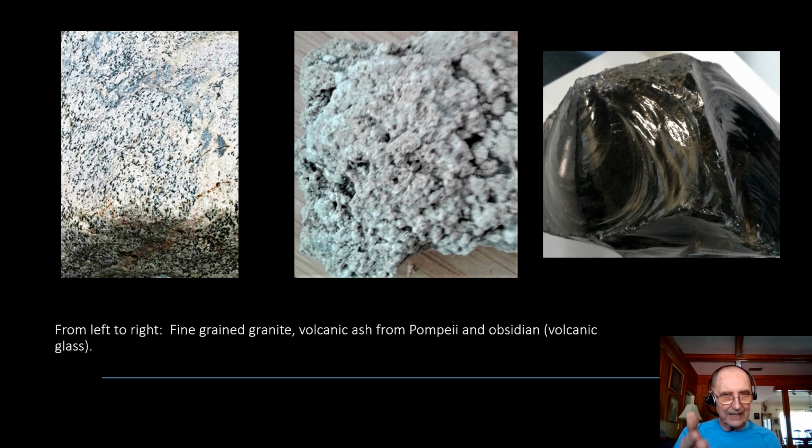That's the culprit. That's what killed so many people in the city of Pompeii. The picture on the right is your classic volcanic glass, obsidian. Look at the shell-like fracture pattern, what we call conchoidal fracture, typical of all glasses.